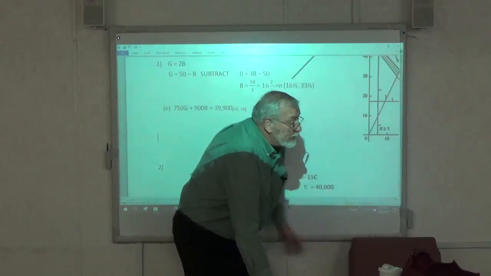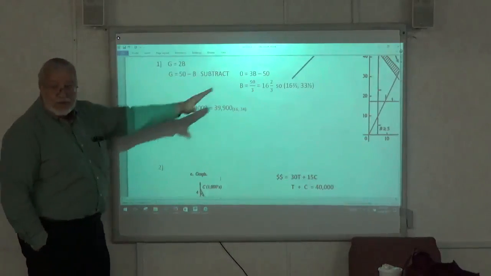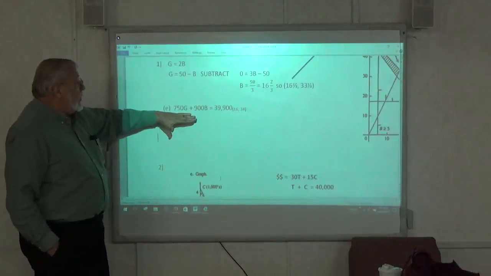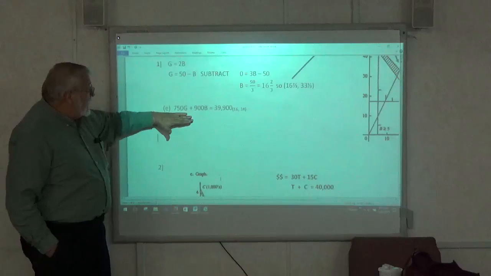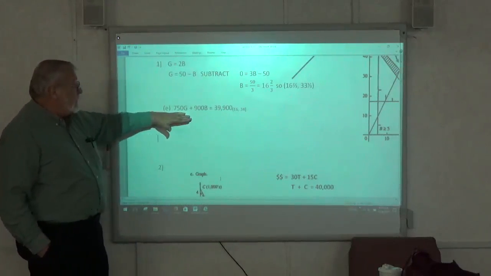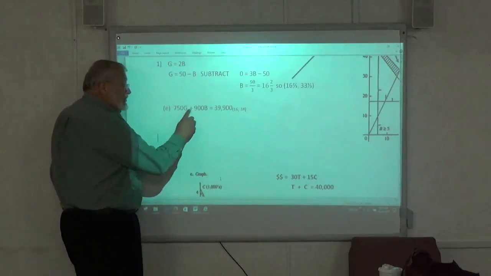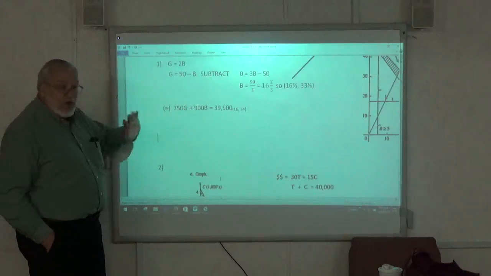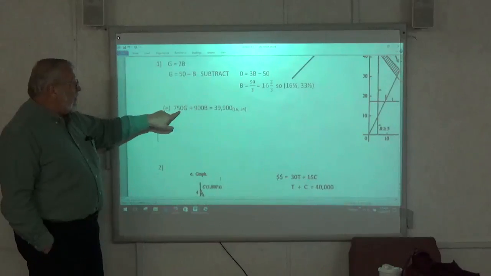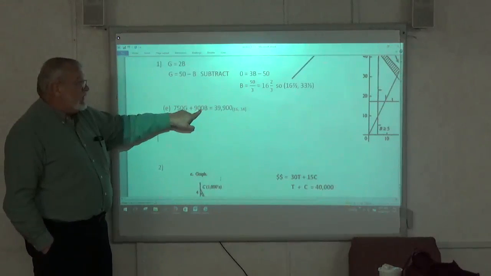Okay, now, in the linear programming, which is the name of that skill, you are given an additional equation. That equation is right here. And the X and Y points, or the G and B points, are put into this. Now, if you solve this problem, it says guitars cost $750, electric bass costs $900.